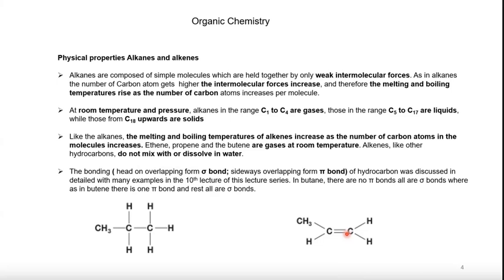But if it is unsaturated hydrocarbons, then we get sigma bonds and pi bonds between carbon and carbon. And if we take acetylene, then we will have a carbon-carbon triple bond, in that case 1 sigma bond and 2 pi bonds. We have discussed it while we were talking about bonding.